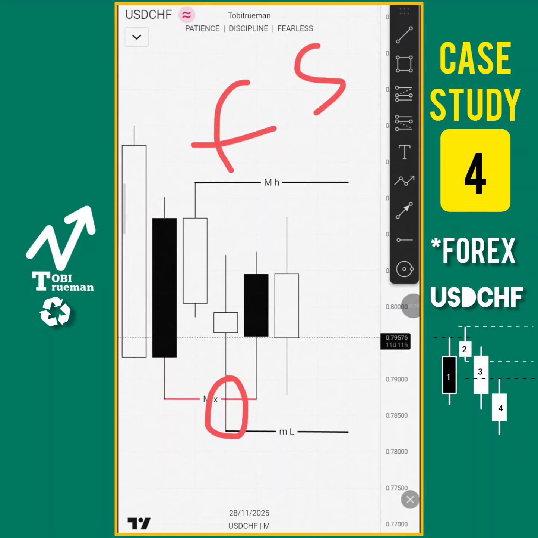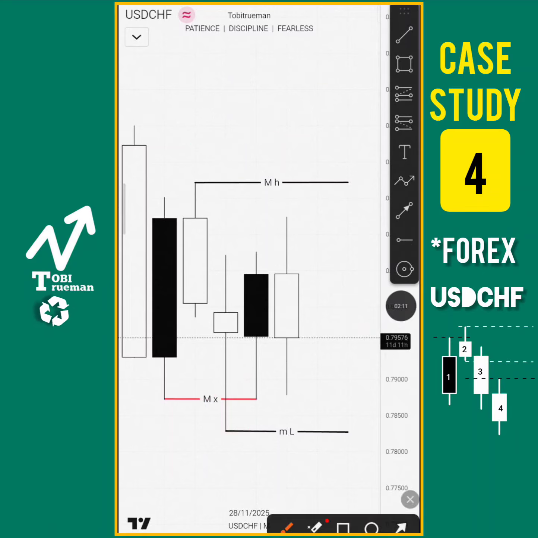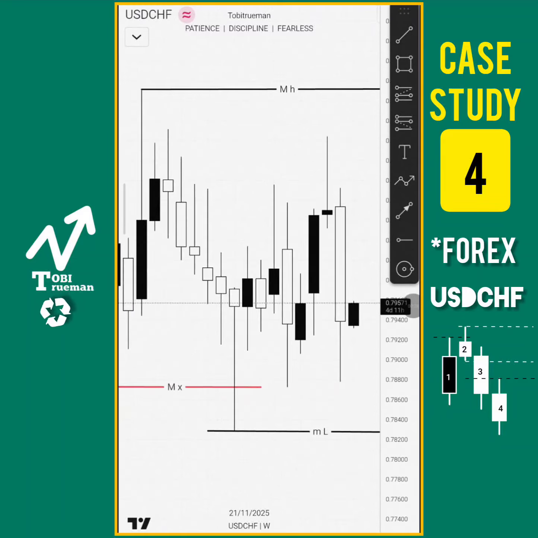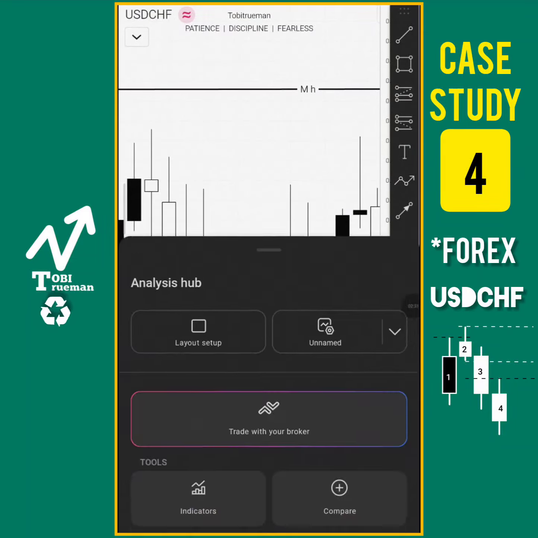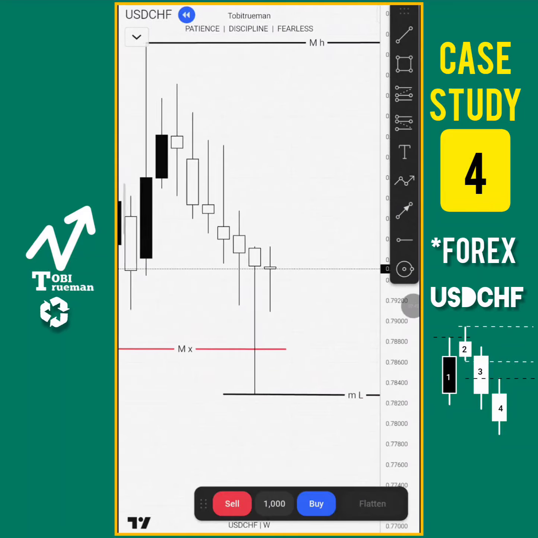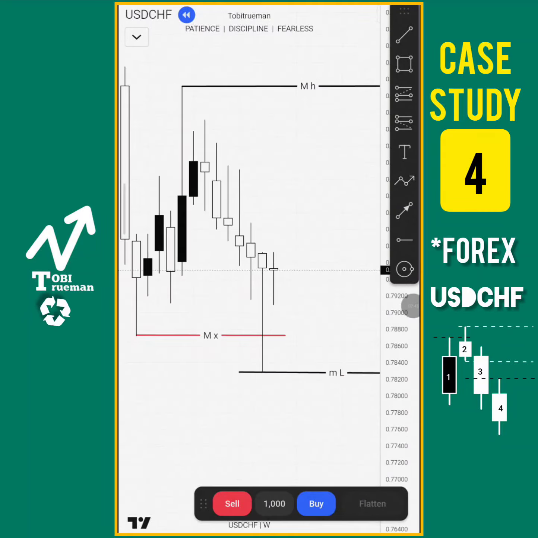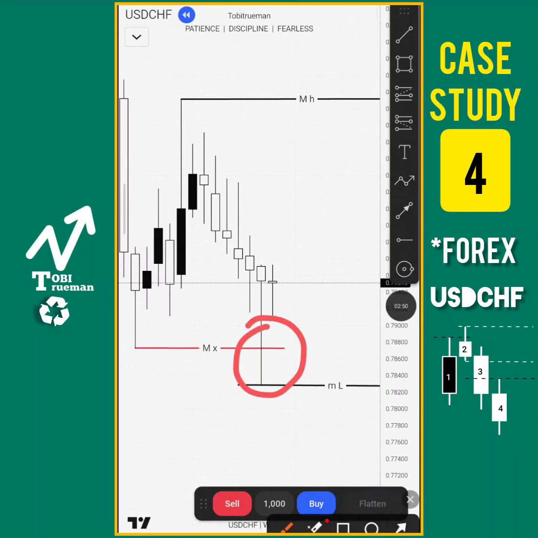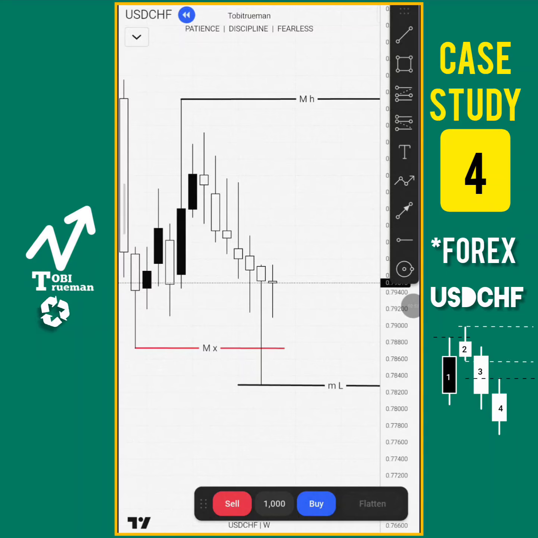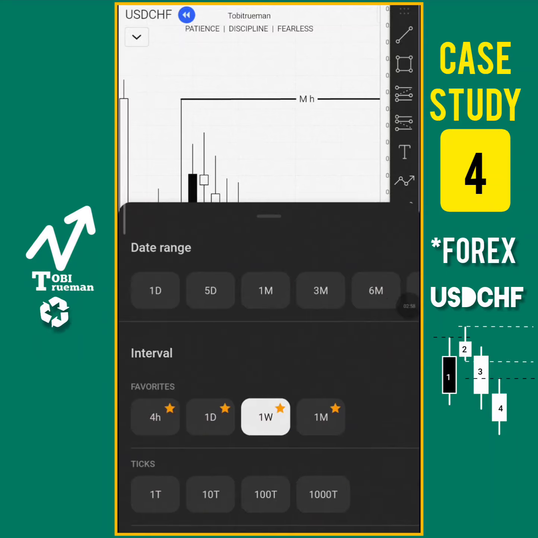So over here on the weekly, let me replay the chart. What we saw is that price has already taken out this monthly low, and usually we don't take monthly entry, so therefore we'll now go and look for what will happen on the daily.